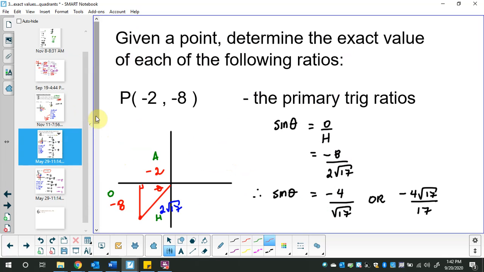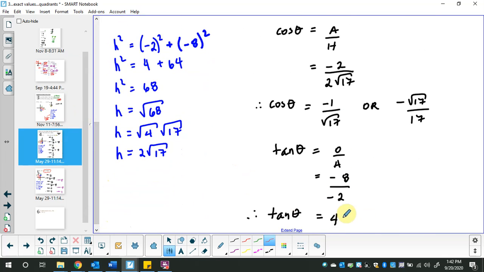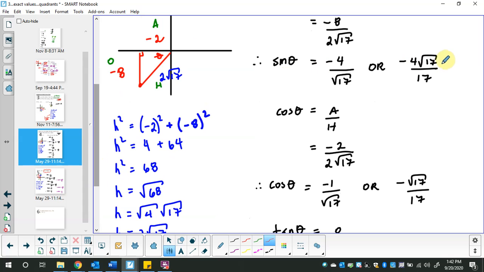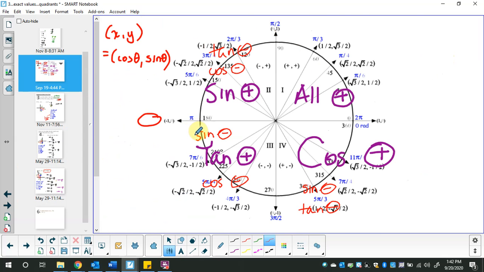So what happened here? Tan was the only one that was positive as an answer. Cos was negative. Sine theta was negative. This was no surprise. And in the last one, it's quadrant 2 that I put you in. Quadrant 2 says that sine is positive and the other two are negative.